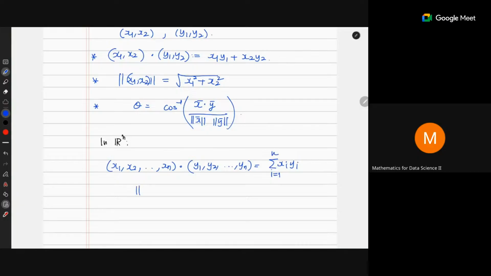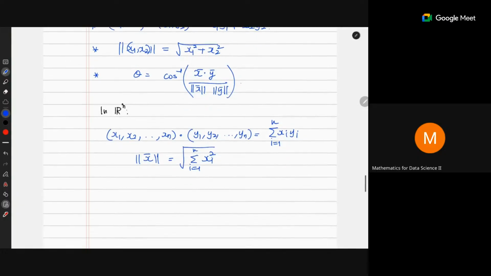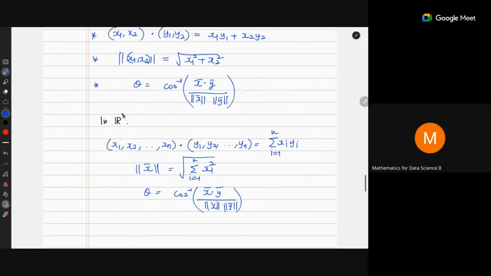Similarly, the norm of vector x is defined by the sum of squares of all the coordinates and then taking the square root. Okay. And the angle is again the same: taking the dot product and then dividing by the norms.